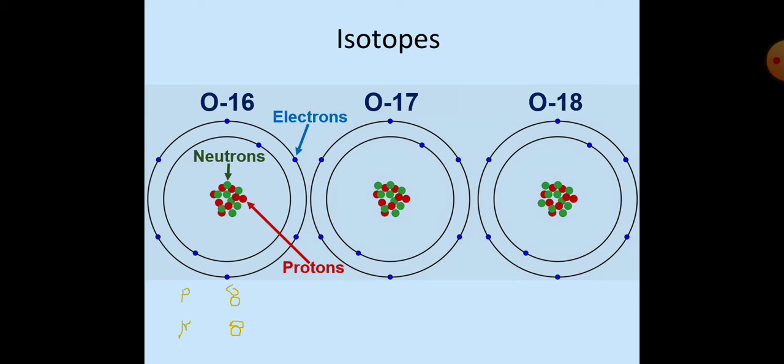Pero, look at this second isotope, oxygen 17. So, if we will go back to the definition of the isotope, so isotopes are same element, same number of proton, pero different number of neutrons. Okay? So, in oxygen 17, we also have 8 protons.